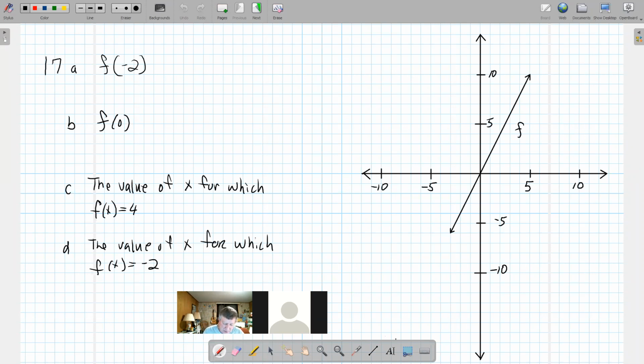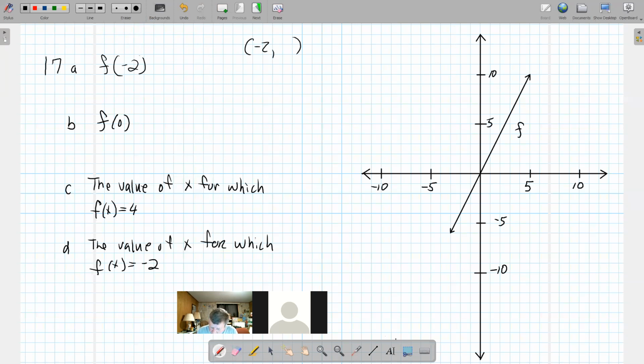So f of negative 2, basically that's like saying we have the following ordered pair, which is -2 comma something. So the question is, what is the corresponding y value when x is -2?